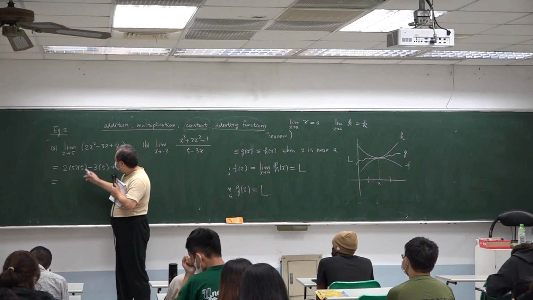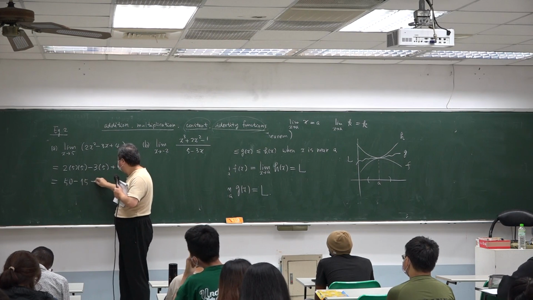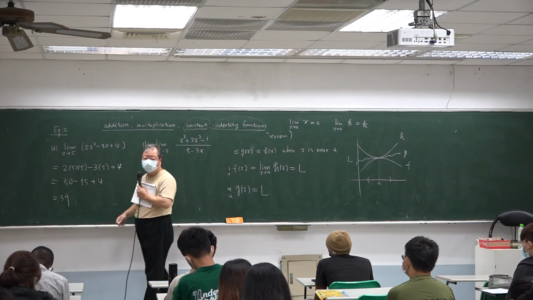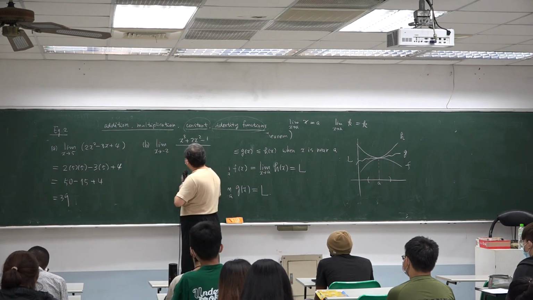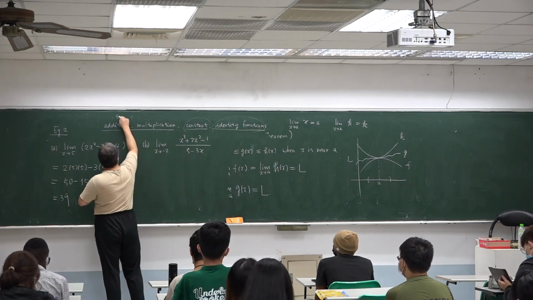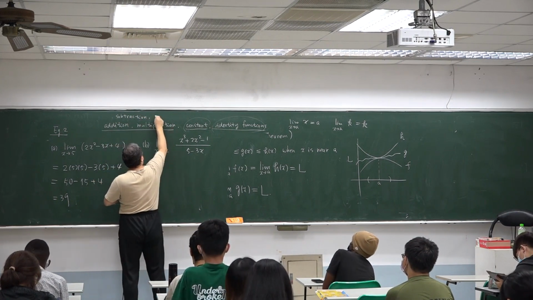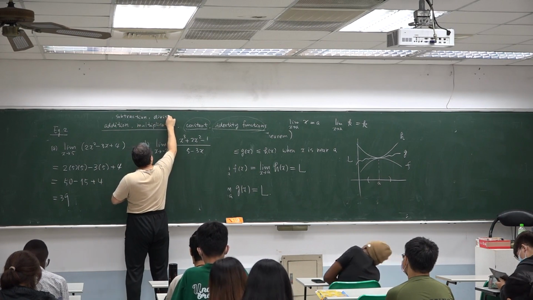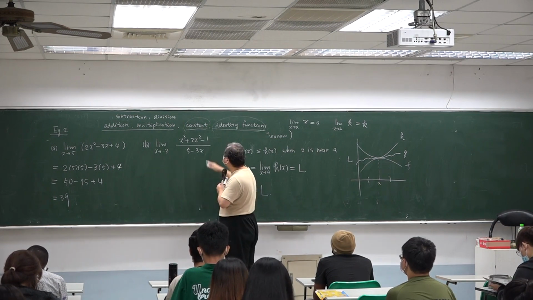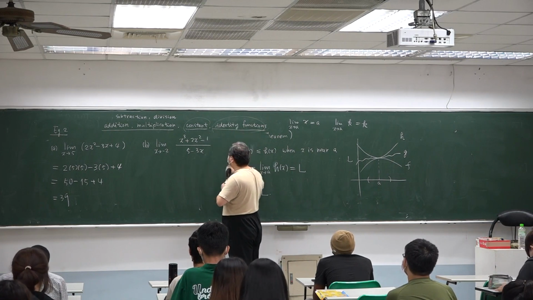X equals 5, 25, 50, 35, 39. Also, a rational function can be obtained by addition, subtraction, multiplication and division, these four operations after finitely many steps, together with constant functions and the identity function.